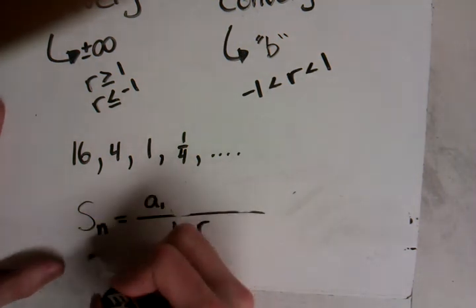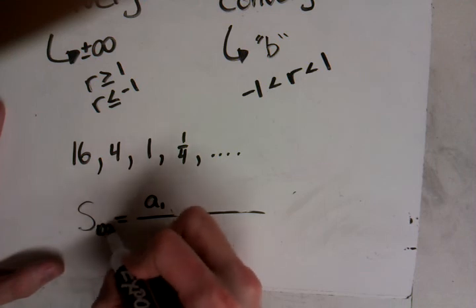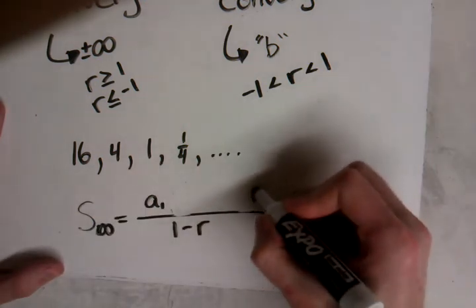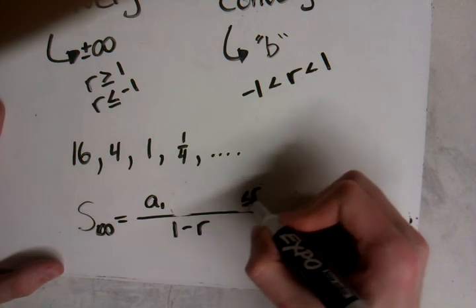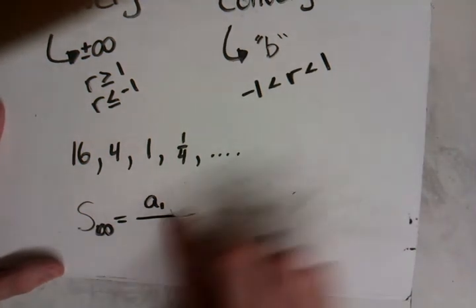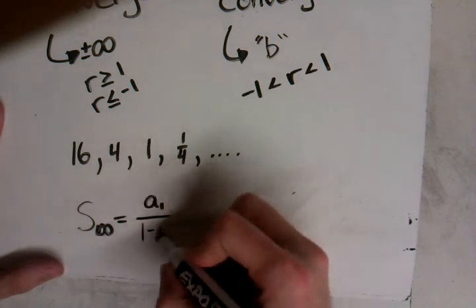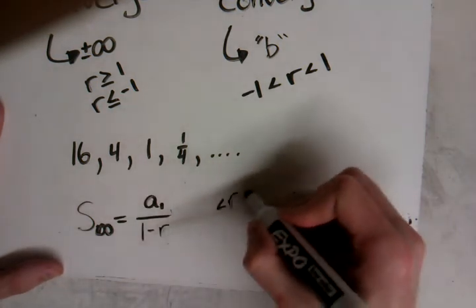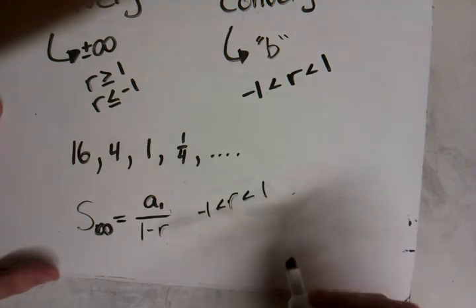So if n is infinity, and if r is between negative 1 and 1, then this becomes the equation used to find the sum.